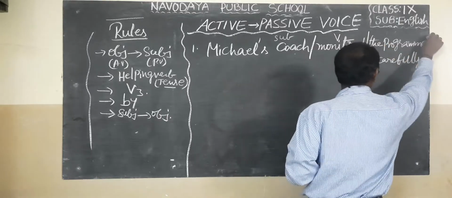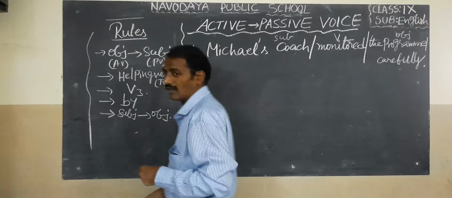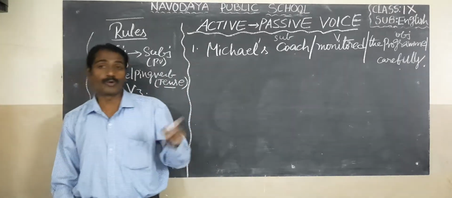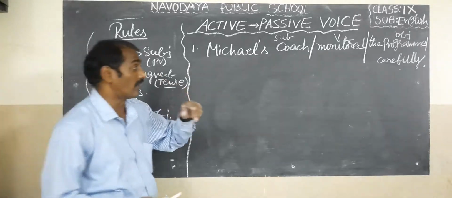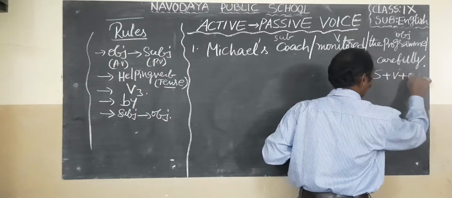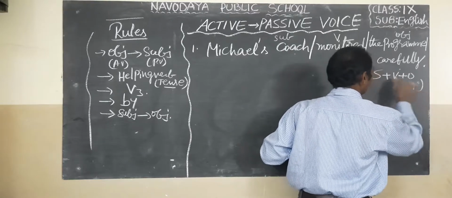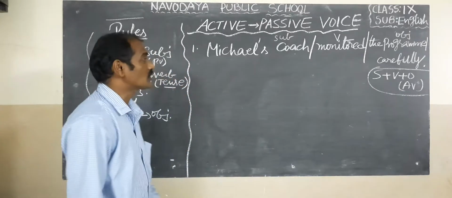The program is the object. Carefully is the adverb at the end of the sentence, which we keep in the passive voice. So we divide it as S plus V plus O.